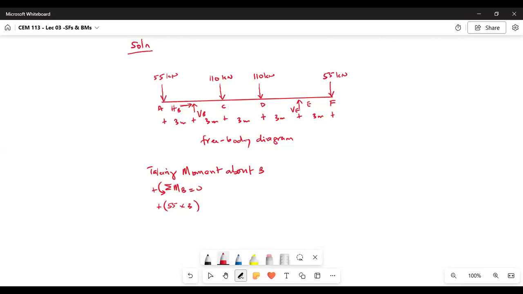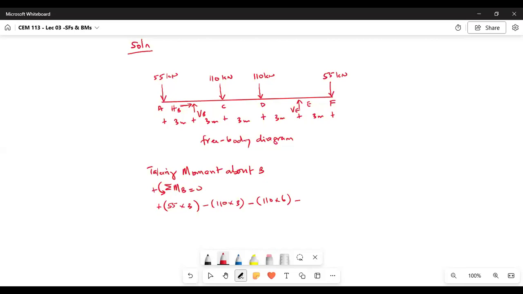Then minus 110 times 2 times also 3 up to the B. Then we have 110 times 6.